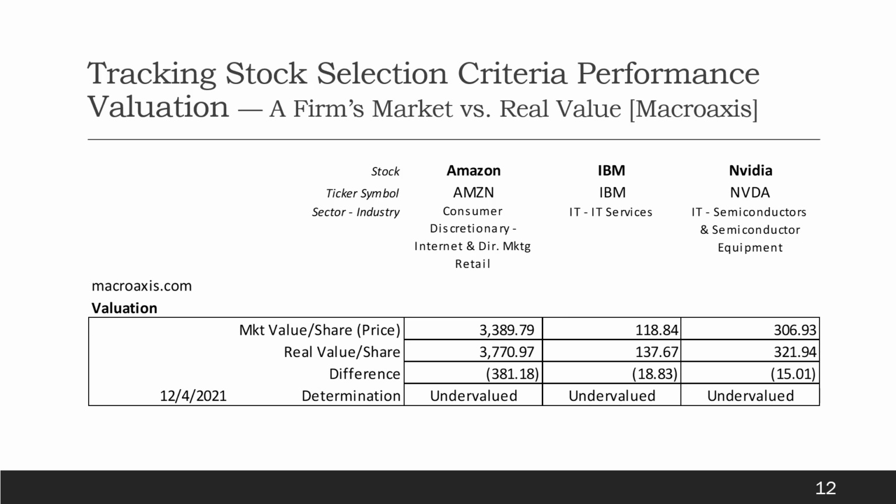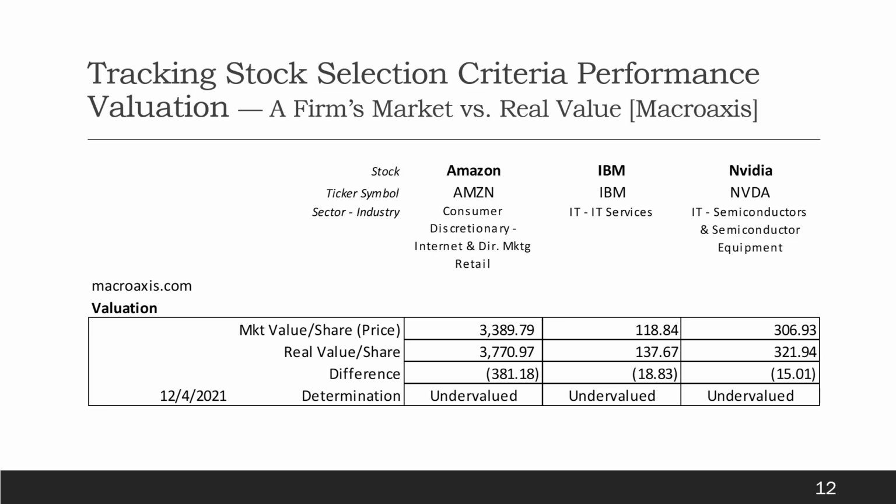When we look at valuation at the macroaxis.com website, we see the market value of a firm per share, which is the price. Then we see what MacroAxis shows as the real value of a firm per share. MacroAxis arrives at the real or intrinsic value of a firm by quantitative analysis of company fundamentals and by taking into consideration essential factors such as a company's management style, its C-level domain expertise and tenure, its overall leadership history, capital structure, and future earnings potential.